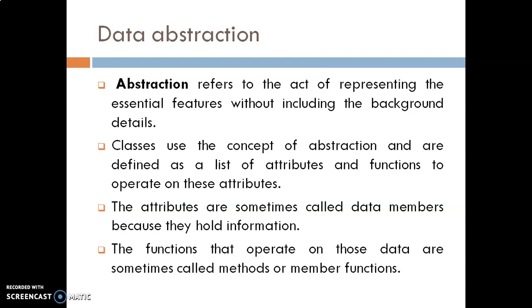If the background things are not important, then they are not used. This concept of abstraction is used in C++, where we only focus on essential features. Classes use the concept of abstraction and are defined as a list of attributes and the functions to operate on those attributes.